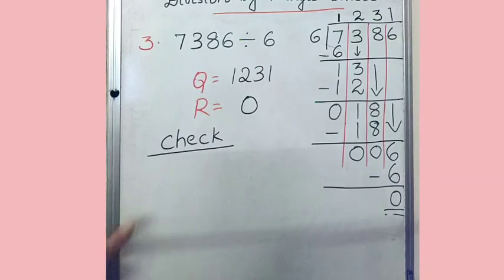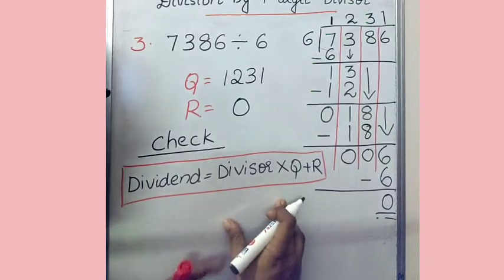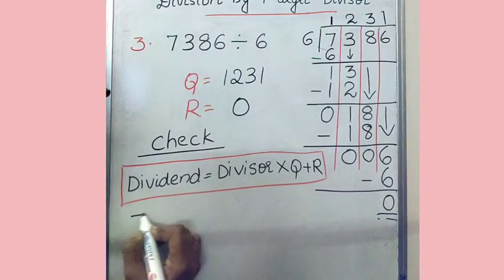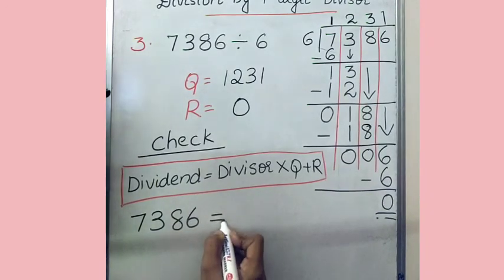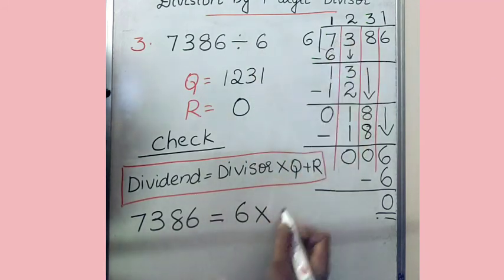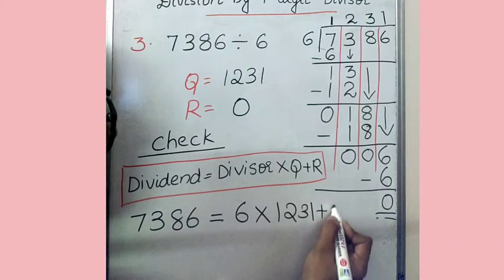For checking, our equation to check the answer is dividend equal to divisor into quotient plus remainder. How will you check the answer? We write 7386 equal to divisor, 6, into quotient 1231 plus 0.